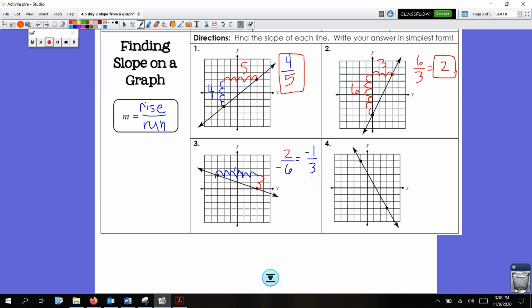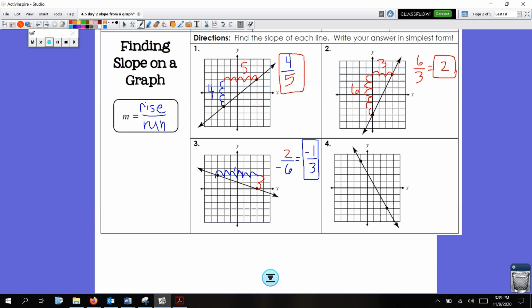is negative 1 over 3. As long as there's a negative somewhere, that's fine. If you're writing it by hand, if you just wrote 1 over negative 3, that's fine too. I just wanted you to be careful when you're putting them in for the IXLs, okay? I don't know if this would be accepted. I guess I can experiment with that. All right, let's look at number 4. We're going to count the rise over the run. We start at the lowest point.